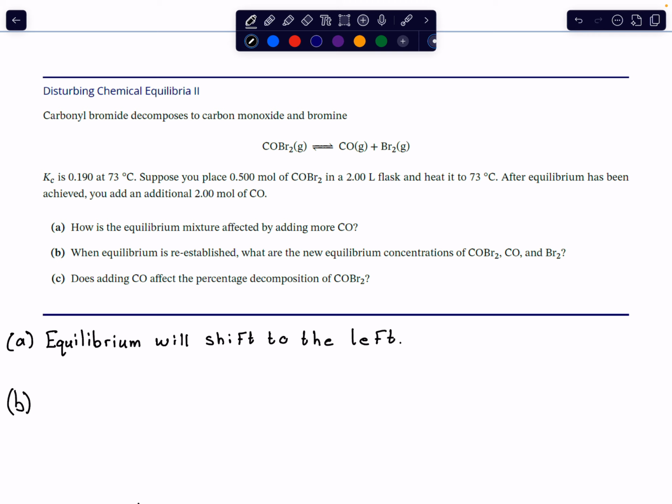Our starting point is to first, of course, calculate what was the initial concentration of the carbonyl bromide. So let's go ahead and do that. The carbonyl bromide initial concentration: 0.500 mole, so number of mole divided by the volume, which is 2.00 liter, gives me 0.25 molar.